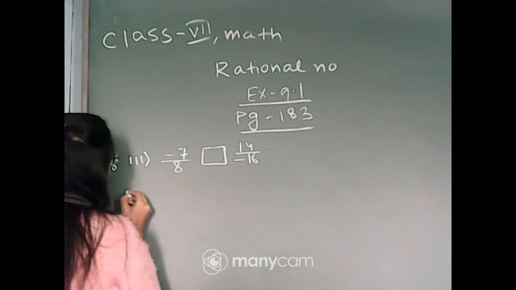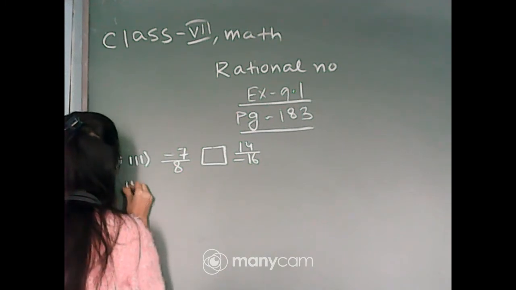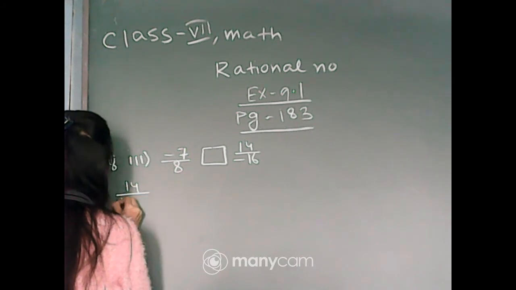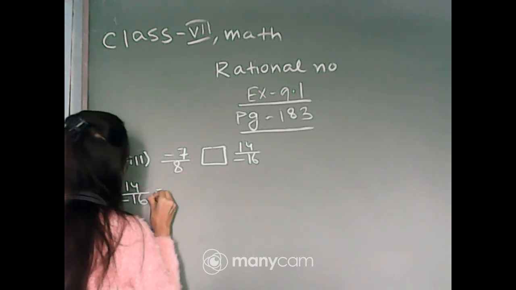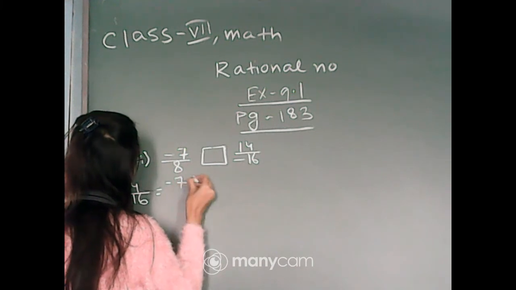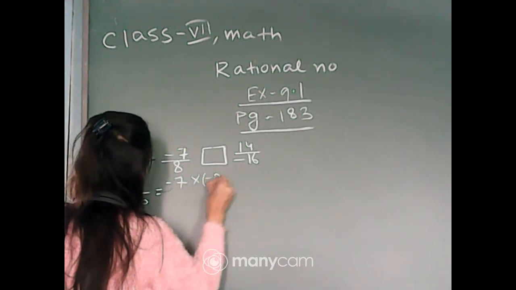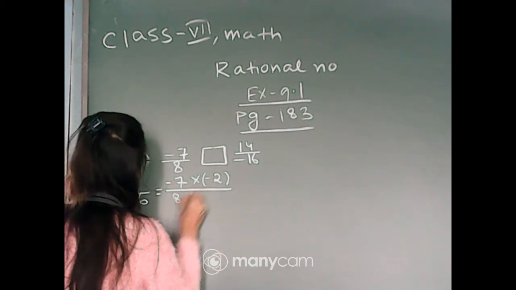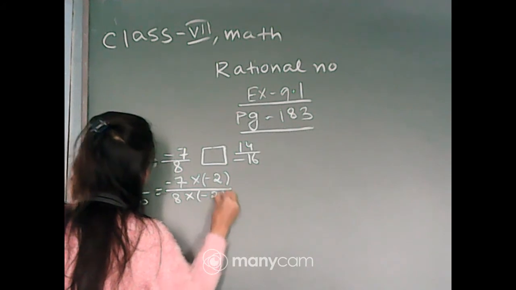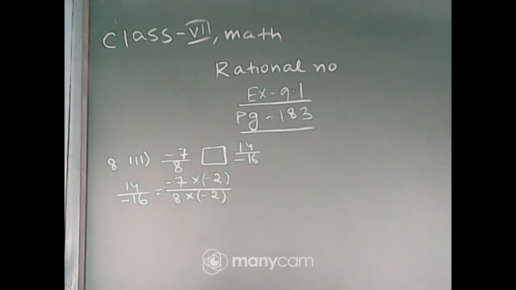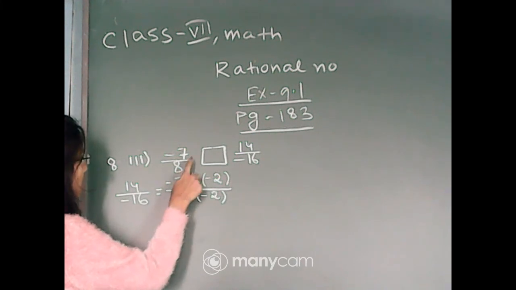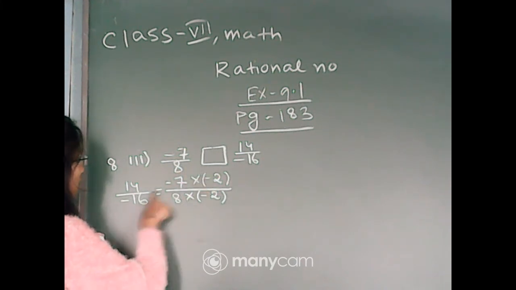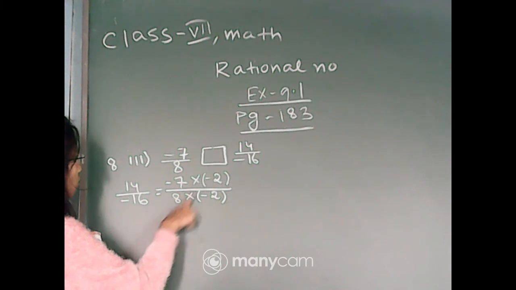Now we find that 14 divided by minus 16 is equal to minus 7 into minus 2 divided by 8 into minus 2, isn't it? We can write 14 divided by minus 16 as minus 7 into minus 2 divided by 8 into minus 2.